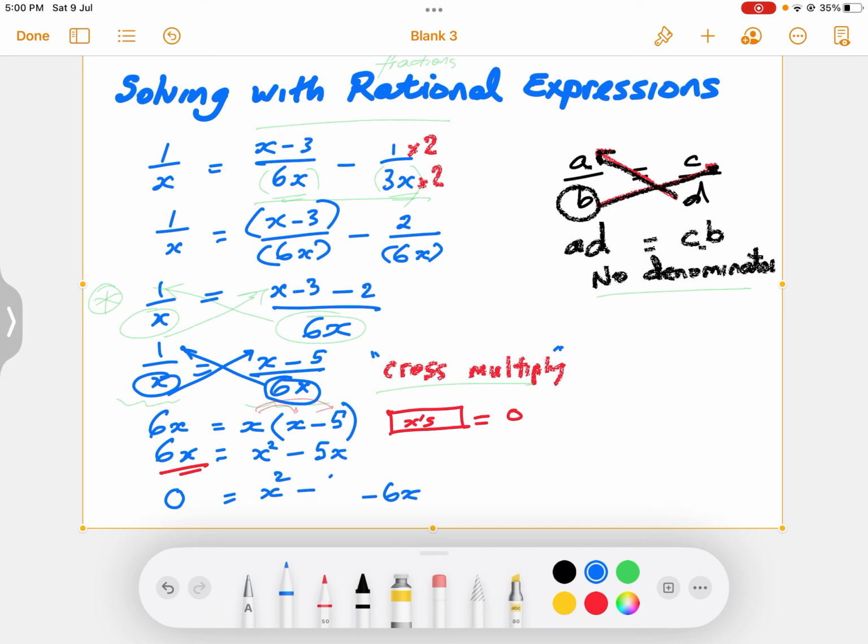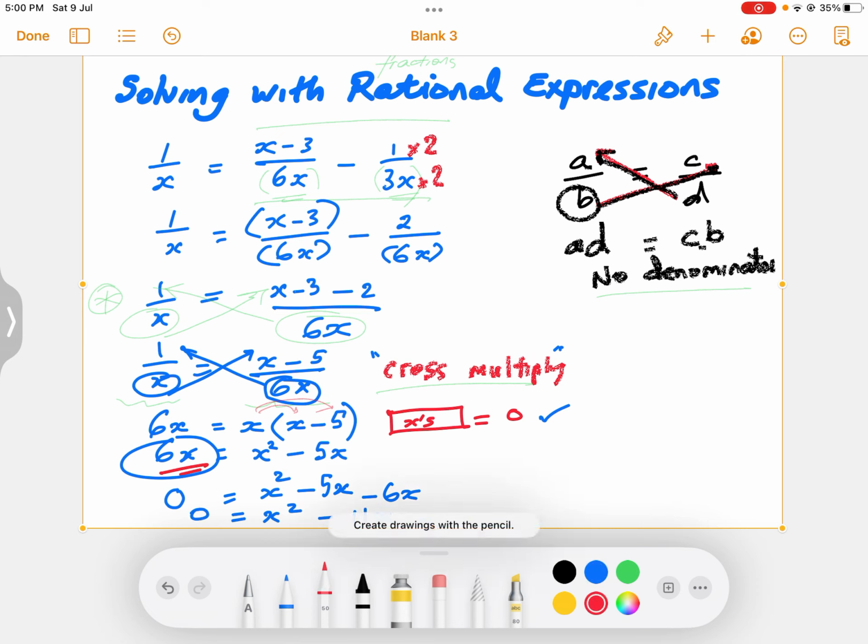So, we've got x squared minus 5x. And this 6x went over the other side to be a minus 6x. And look, nothing is left on the left-hand side. So, we've achieved our objective to have it equal 0. Now let's simplify this. So we've got x squared minus 11x equals 0.